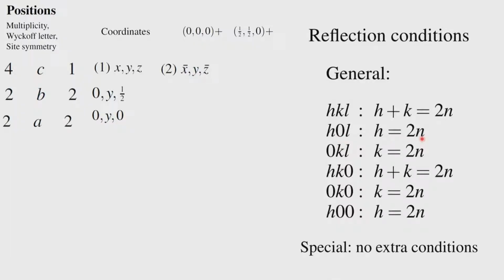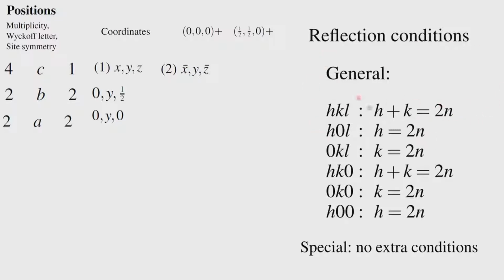So, in this particular case h0l for h equals 2n is listed. In fact, we should put in principle all these in brackets to show this is a consequence of this absence. See, because hkl h plus k even is present, odd is absent. So, we will discuss systematic absences, even though these show these systematic presences.